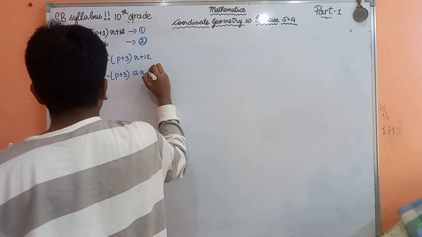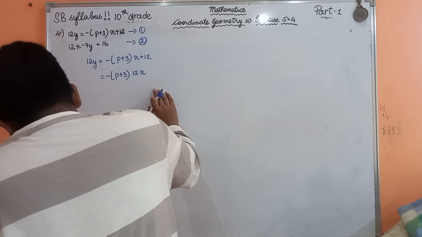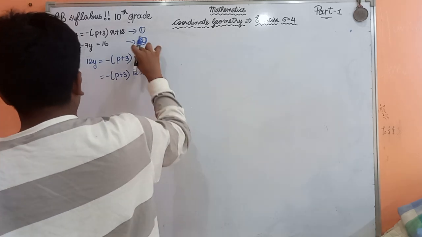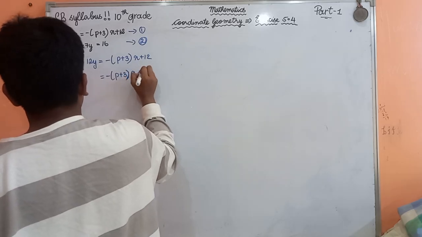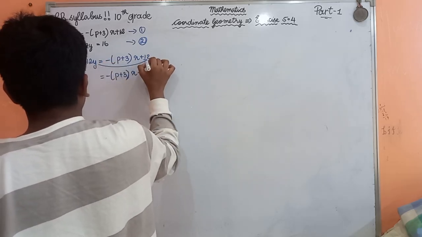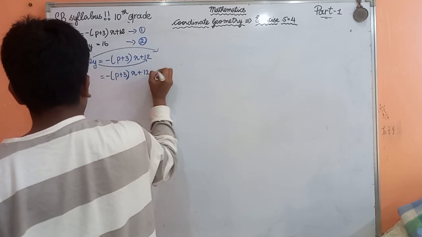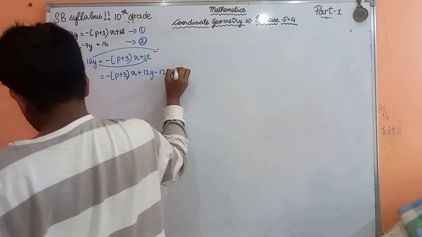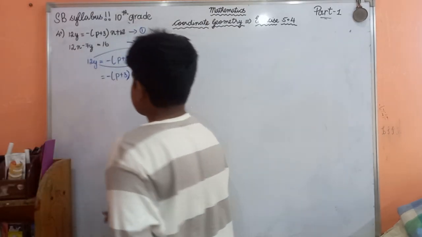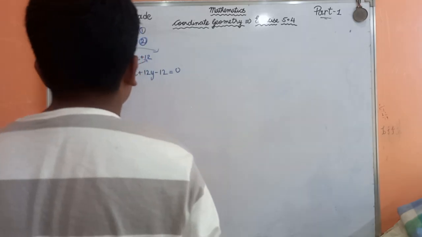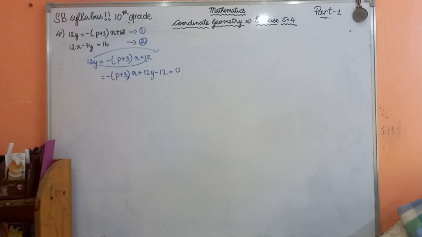No, that's not supposed to come. x is already a coefficient, so let's put x back. So x plus, this y will go over here, and the 12 will go over here: (p + 3)x + 12y - 12 = 0. You can see how I got it.